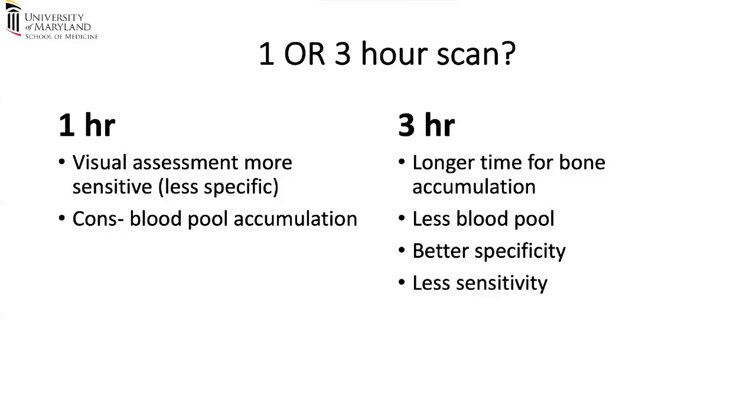Especially if you only have Spec and not CT, you may want to wait to make more reassurance that that blood pool is clear. You have with the 3 hour, longer time for the bone to accumulate tracer. You get better specificity with 3 hour and less sensitivity with 3 hour.